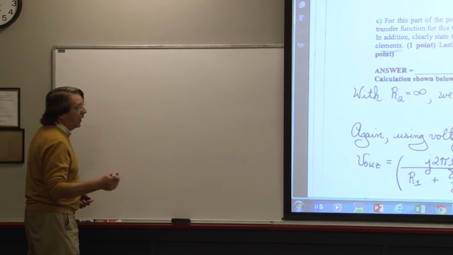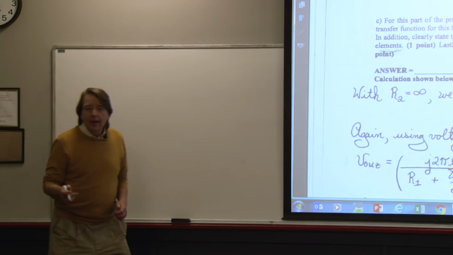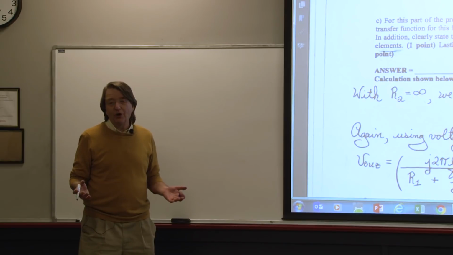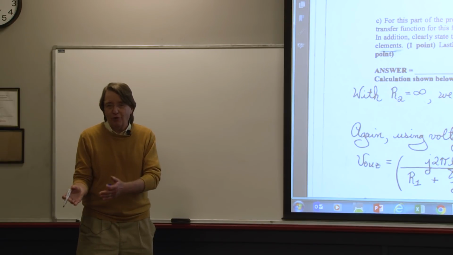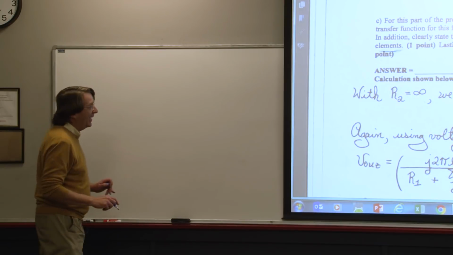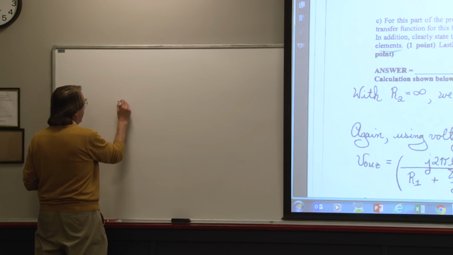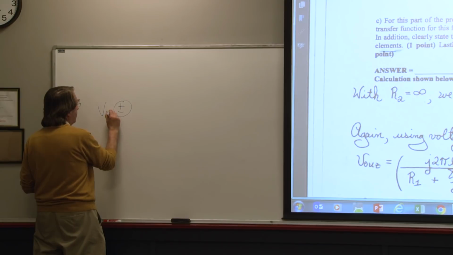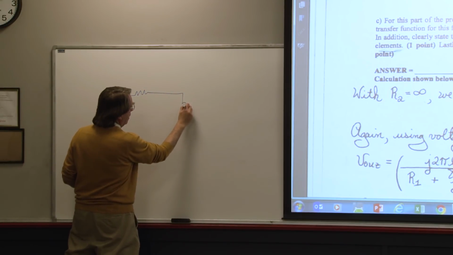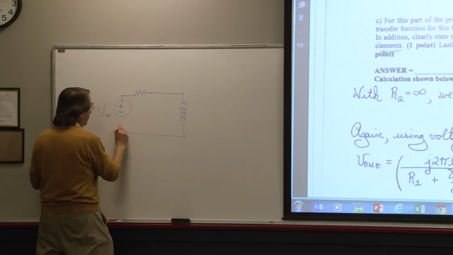By the way, I give you the formula sheets, so by looking at this, you would know if it's low pass or high pass because you've derived the formula and compared it to the formula sheet. But for fun, plus and minus V in, R, L.